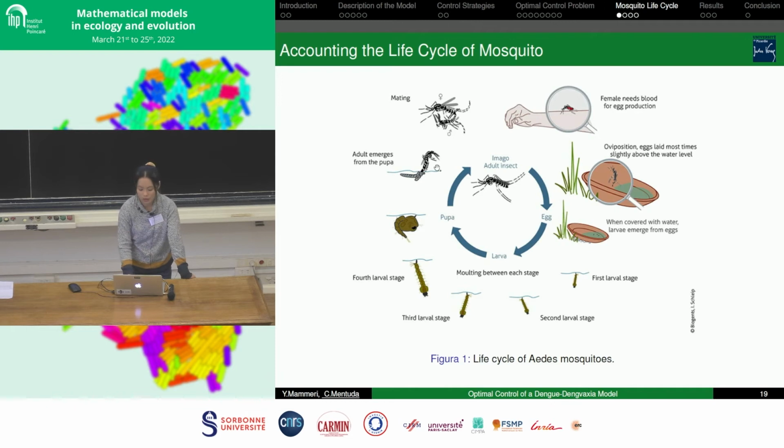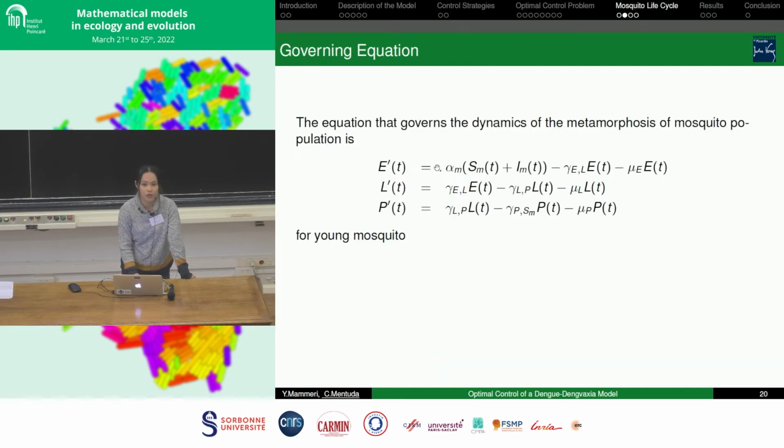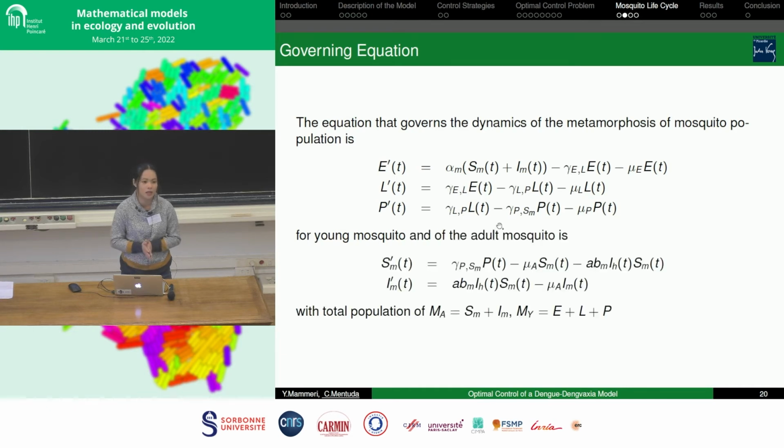So with this in mind, we have this governing equation. Okay. Alpha M is the birth rate of the susceptible mosquitoes and infected mosquitoes giving birth. Okay, so we call this alpha M. And then gamma EL, gamma LP, and gamma PSM are the probabilities of growing from egg to larvae, larvae to pupa, pupa to susceptible mosquitoes.